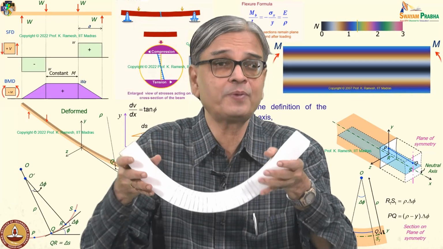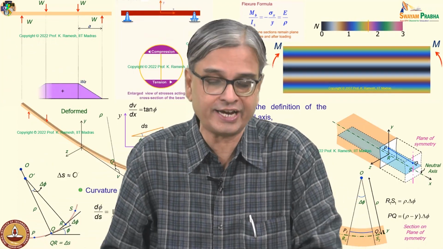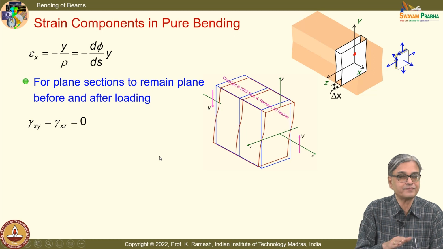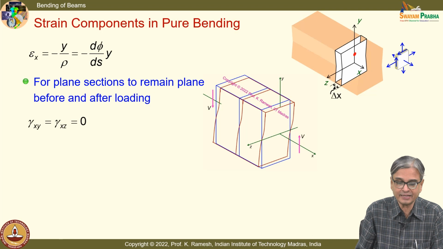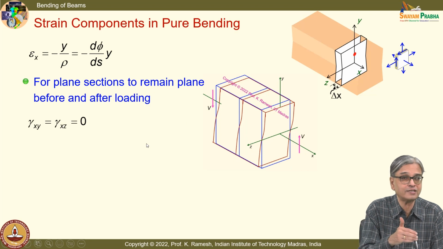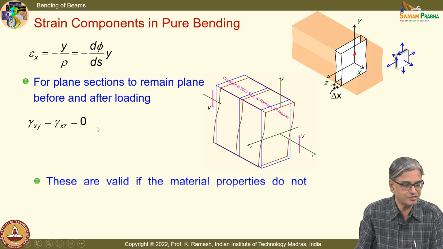So, in this problem, the experiment also shows straight line remains straight. That is possible only when gamma xy is 0. By a similar argument, if I have gamma xz, I will have warping in the horizontal direction. Okay. So, based on that futuristic consideration, you take this as 0.